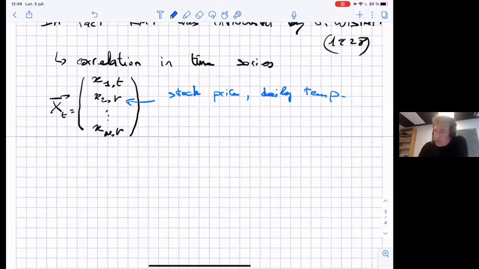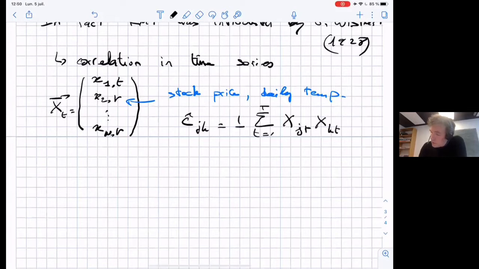And what you are interested in, at least what statisticians are usually interested in, is the correlation matrix, say this C_jk, which is defined by, so these are the empirical correlations, you just look at x_j(t) x_k(t), and then you average over t. So you naturally have a matrix which characterizes the correlations between the different entries that you have here. Yeah, sorry, this should be an x. I'm sorry, it should be a small x.